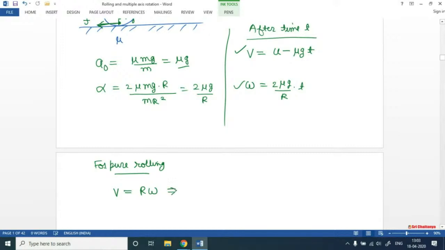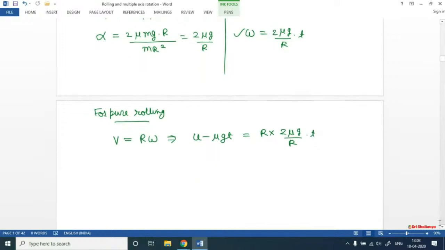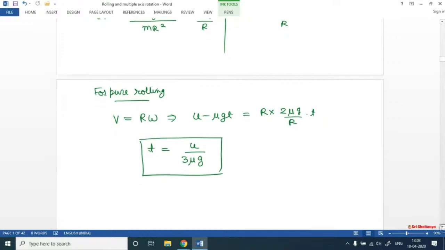So that gives us u minus mu g t equals r times omega, which is r into 2 mu g by r into t. Solving this, we get t equal to u by 3 mu g. So this is the time after which the pure rolling will begin.